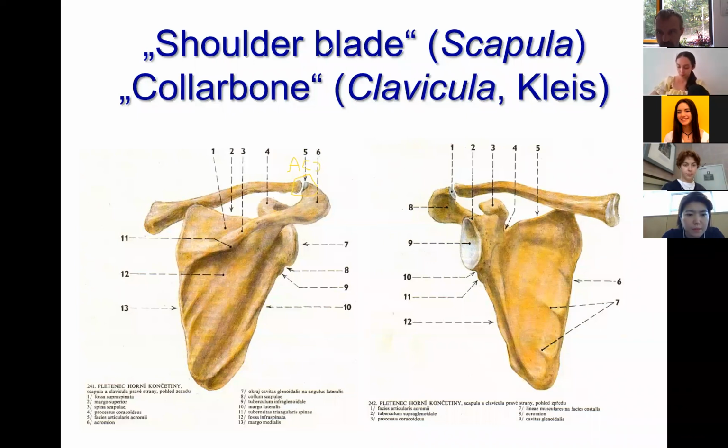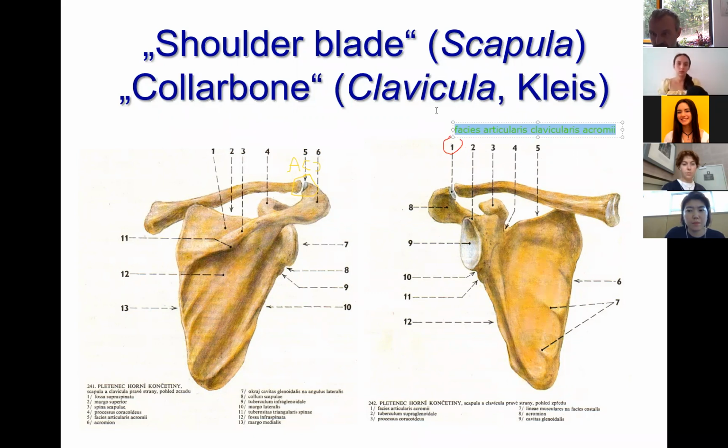And it is formed by number 1, which is facies articularis clavicularis acromii. That means what we have just talked about, the clavicular articular surface of acromion.